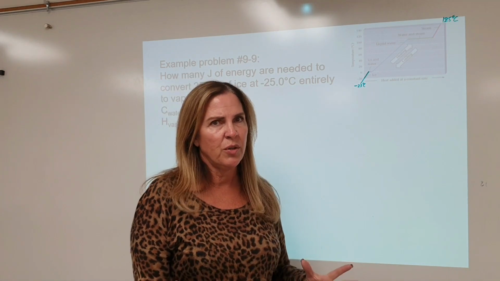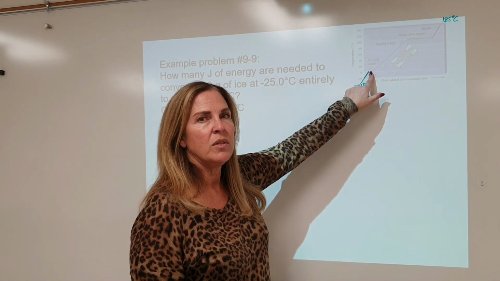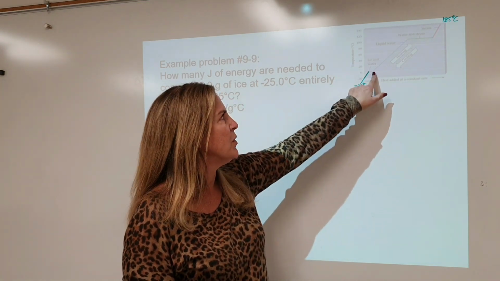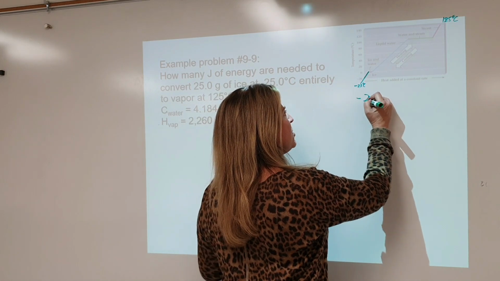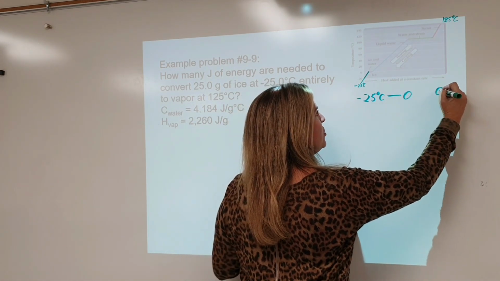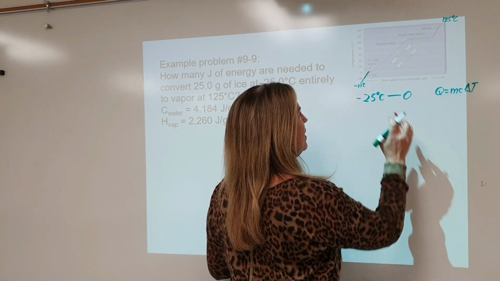So what do we have to do? Well, we've got to heat the ice up. So that means that's a temperature change, going from minus 25 to 0. So we have to go from minus 25 degrees Celsius to 0. That is a Q equals M times C times delta T, right?